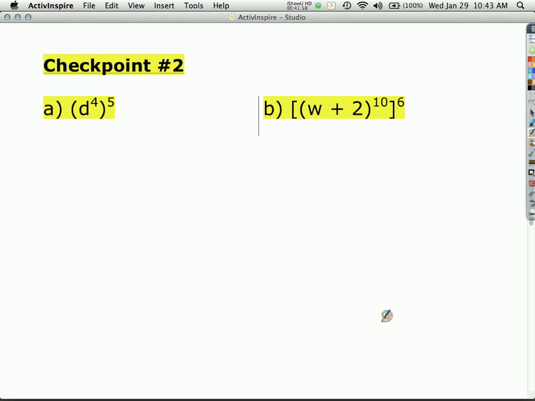Okay, Zabari, do you also have part B? Okay, hold on a second. So, part A is d to the 20th power. Zabari, what'd you get for part B? Okay, Kayla, do you have the same thing? What was it again? Yeah, w plus 2 to the 60th power.